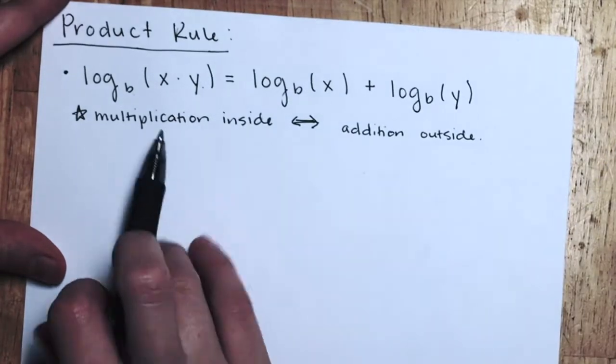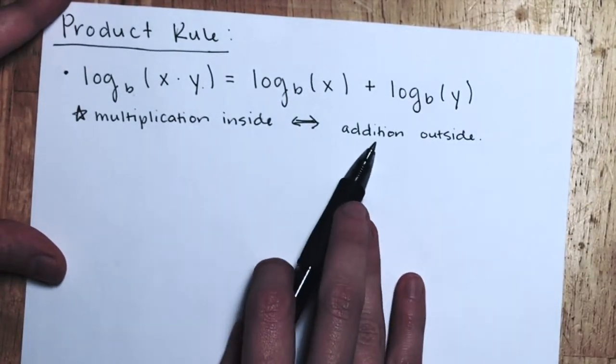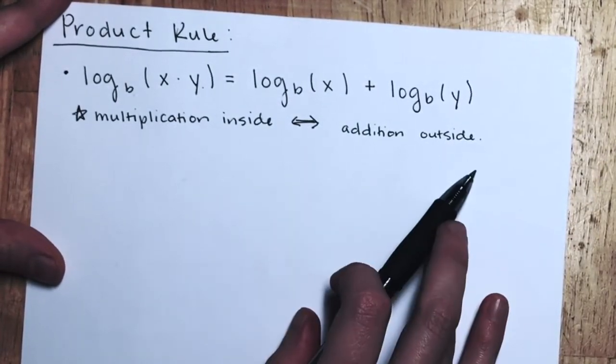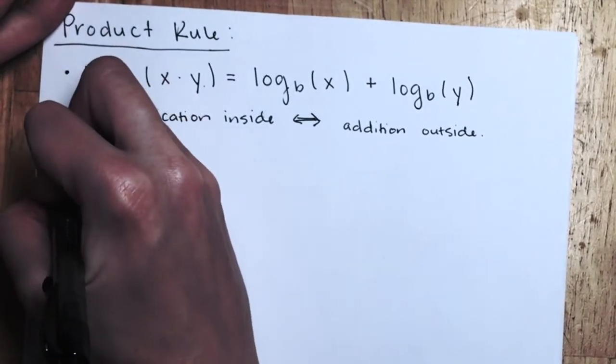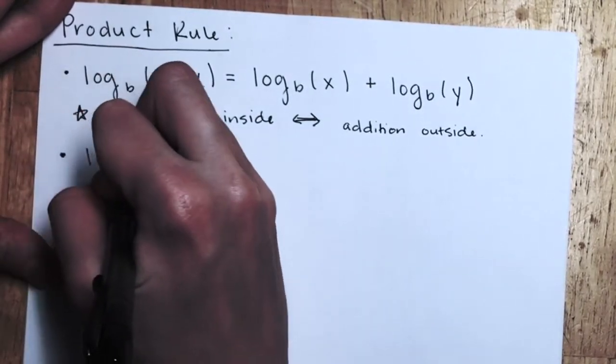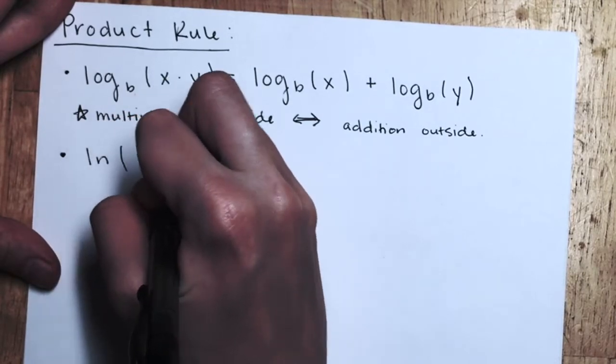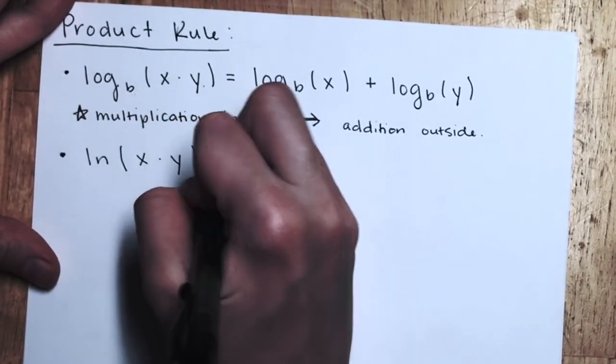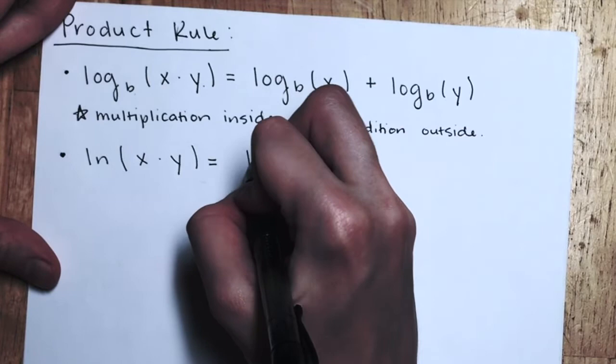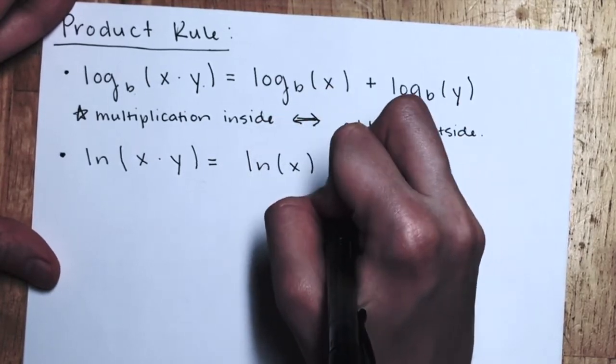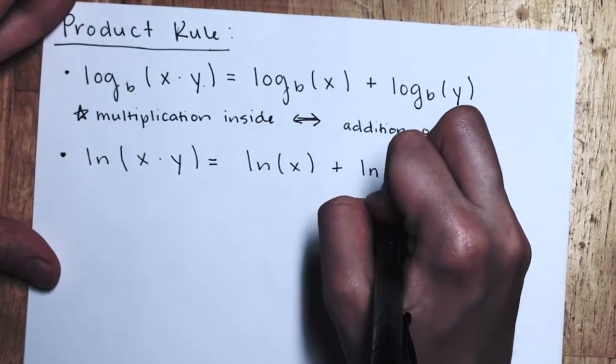It's multiplication on the inside is the same thing as addition on the outside, can become addition on the outside. So this ties in. Again, we have sort of the analog for natural log is equal to just ln of x plus ln of y.